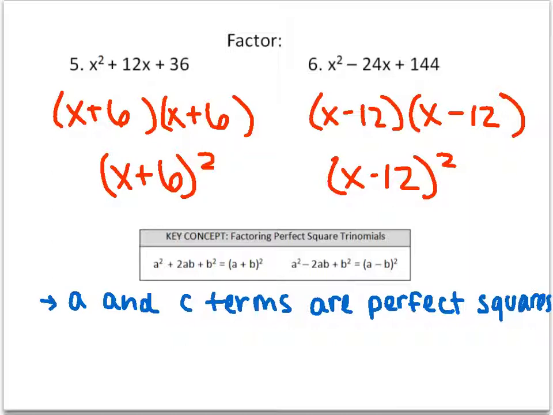If you look at these, x squared, 36. Yep, those are perfect squares. X squared, 144. Yep, those are perfect squares. What else? For a perfect square trinomial, your last term, your C term, is going to be positive.